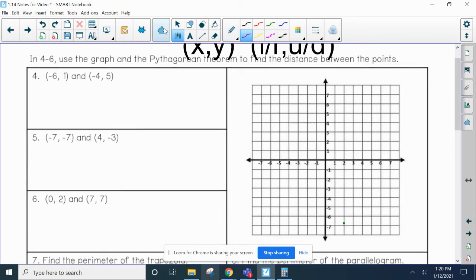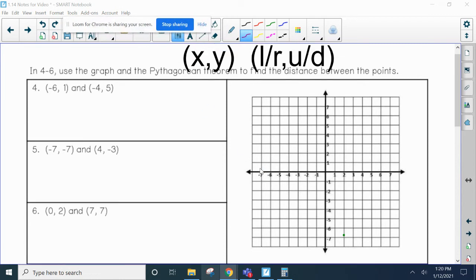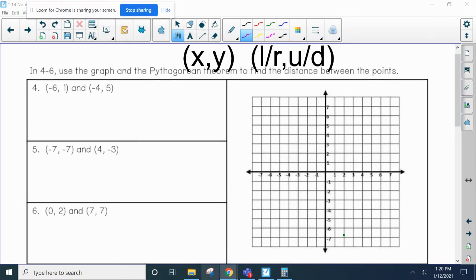The only difference this time is that we're going to have to graph our own values. So if we look on this one, I went ahead and told you our coordinates, remember, are written x, y. That x is going to tell me left or right, and then that y is going to tell me up or down. So we're going to go ahead and plot our points and graph them.